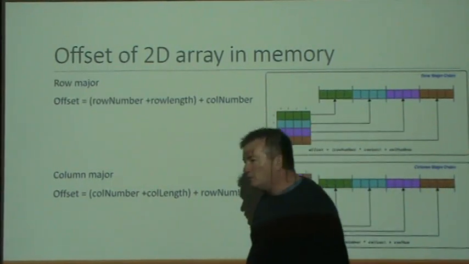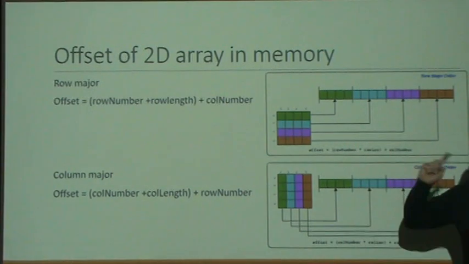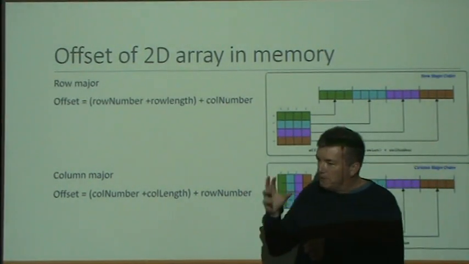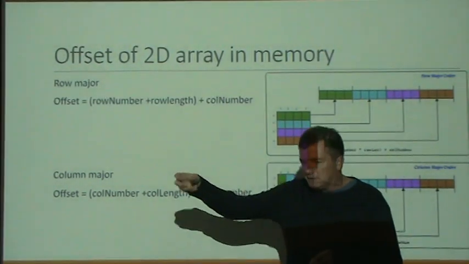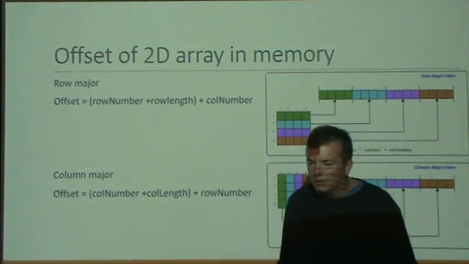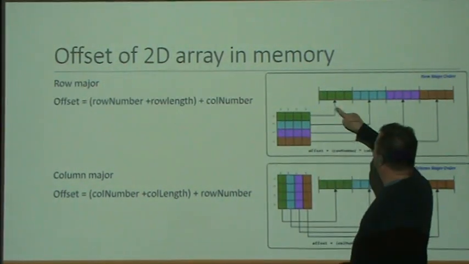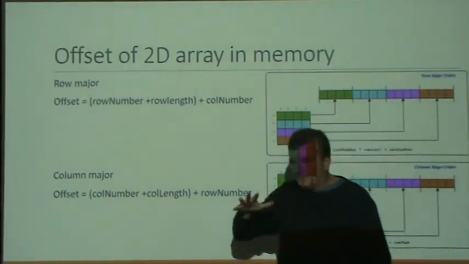So now here's the issue when you're using two or multi-dimensional arrays. When using one-dimensional arrays, if you want to read data or write data to a location, the computer can calculate the location very quickly. It's the start of the array plus the index. That's if it's a one-dimensional array.